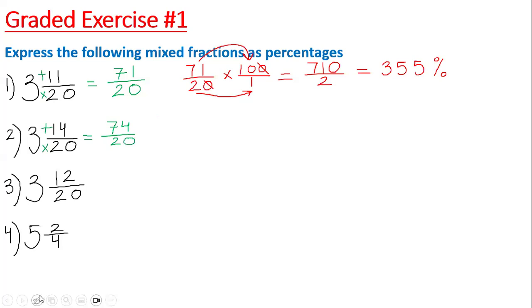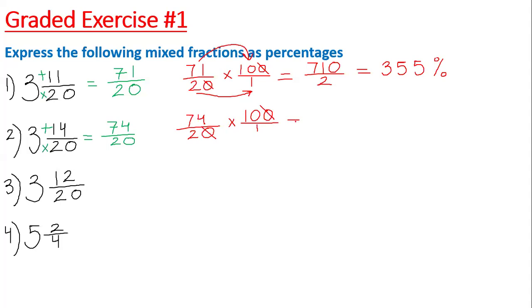Then we're going to take 74 over 20 and multiply it by 100 over 1. We cancel out this 0 with that 0.